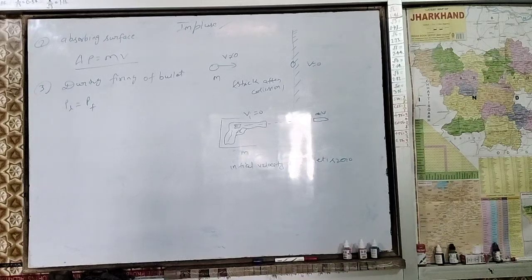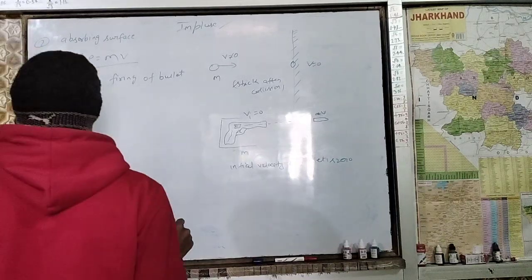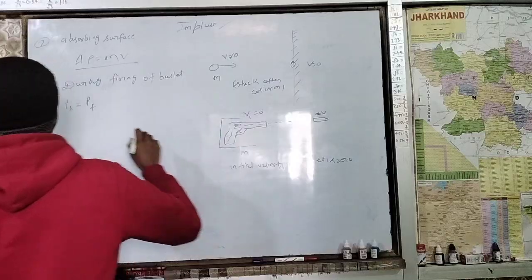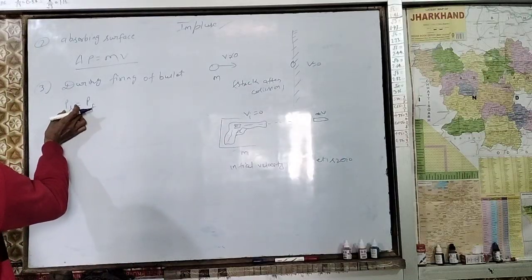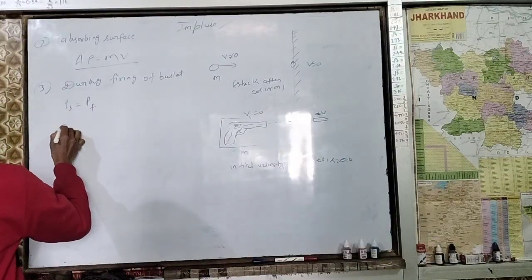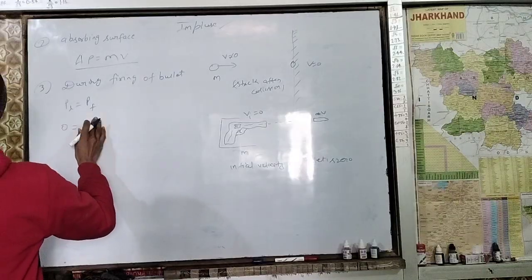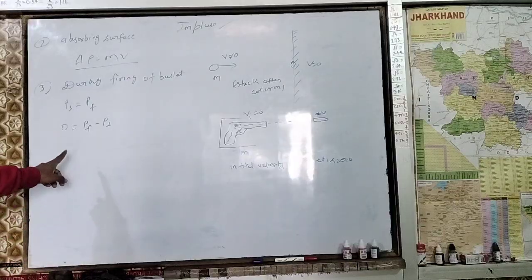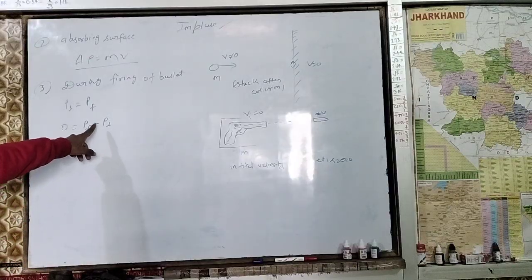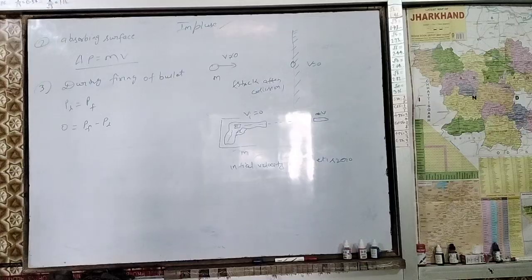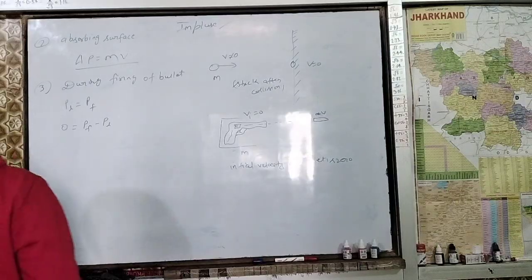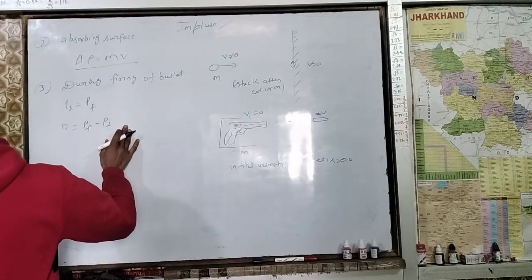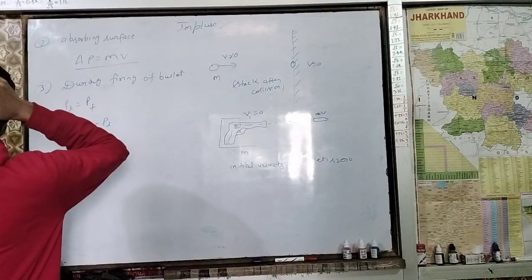So can you say, when we will bring this pi over here, then this will become 0 equal to p_a minus p_i. Final momentum minus initial momentum is equal to 0.